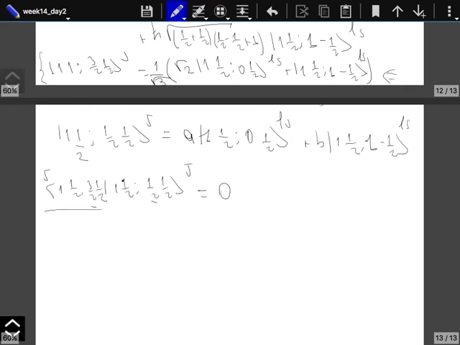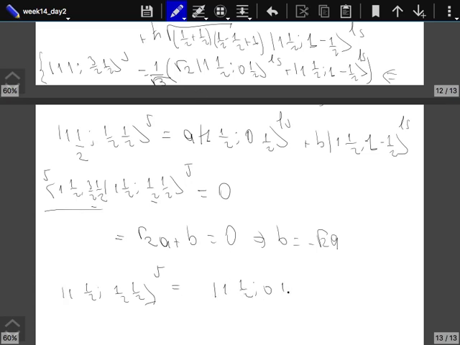So this inner product is equal to square root of 2 A plus B. This should be 0, which tells me that B should be minus square root of 2 times A. Hence this state in the J basis is equal to, if I choose A to be 1, 1, 1/2, 0, 1/2 in LS minus square root of 2 times 1, 1/2, 1, minus 1/2 in LS. If I normalize it properly, this is my new state.